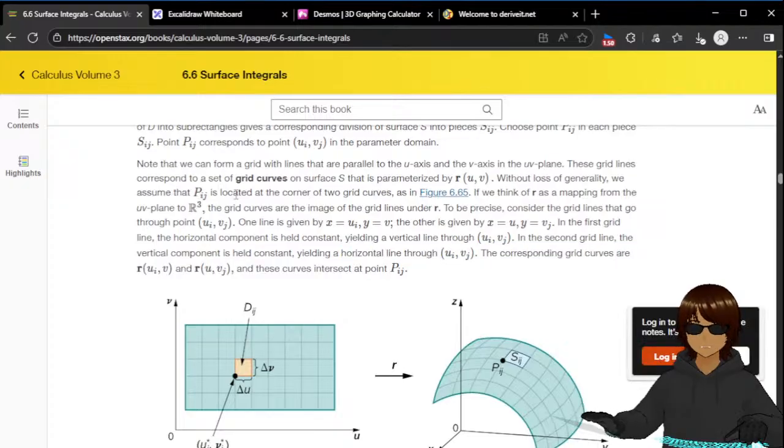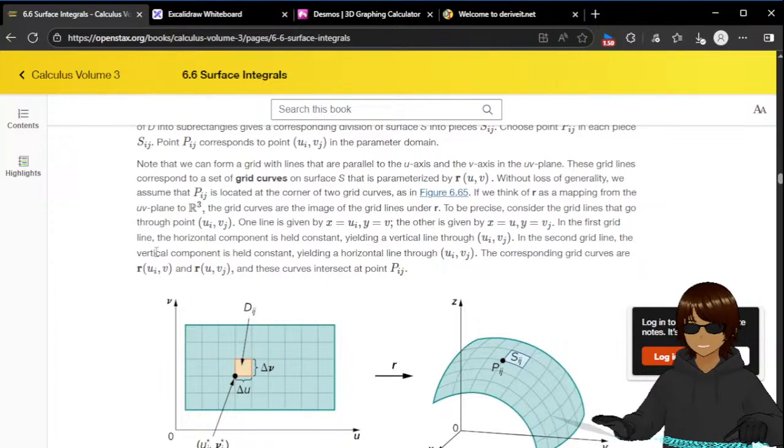If we think of r as a mapping from the uv plane to R^3, grid curves are the image of the grid lines under r. To be precise, consider the grid lines that go through point (u_i, v_j). One line is given by u = u_i, v = y. The other is given by u = x, v = v_j.